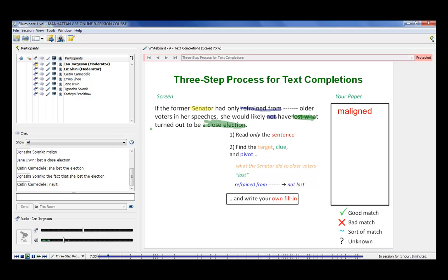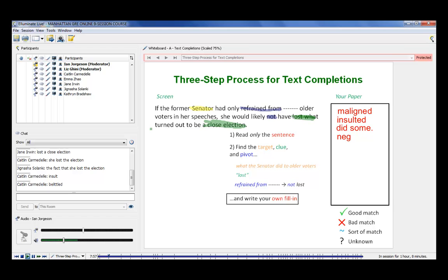Maligned is good, but anybody else? Okay, yeah, insulted. And maybe just did something negative to them, right? Belittled, that's a good one too. Insulted, belittled, same idea. Good.